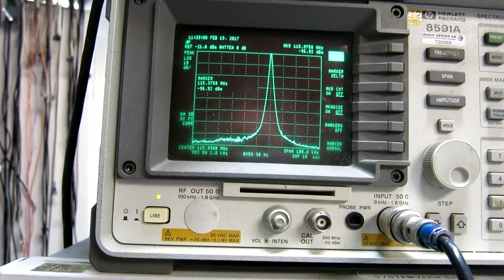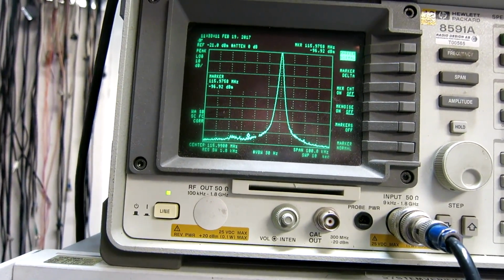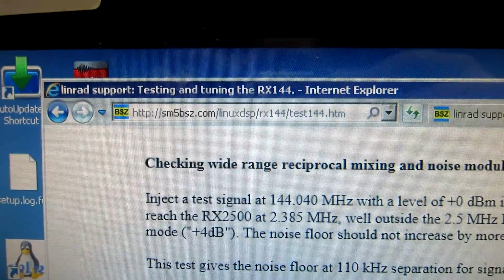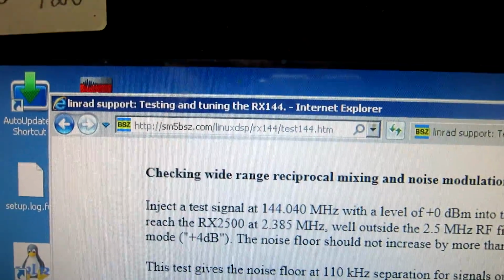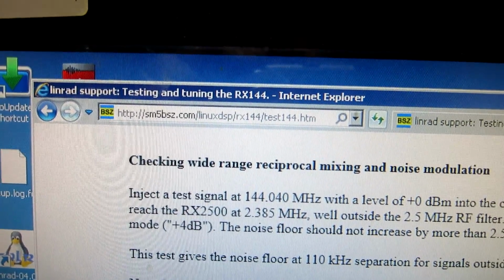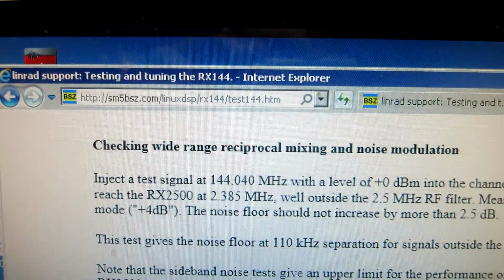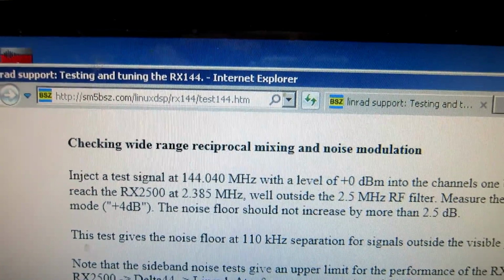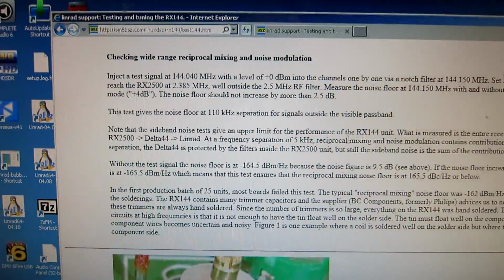I have seen this phenomenon before, and I have written about it on my homepage many years ago. You can find it on this URL. It's on the WSE converters I made about 15 years ago, checking wide range reciprocal mixing and noise modulation. You can go there and read the text.